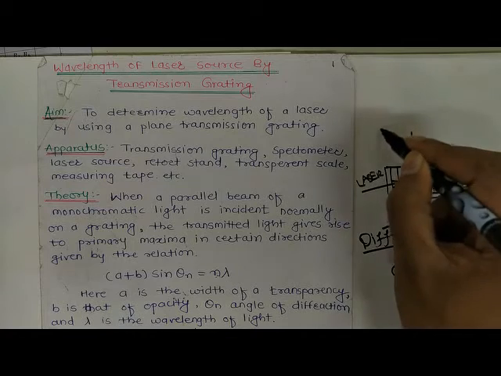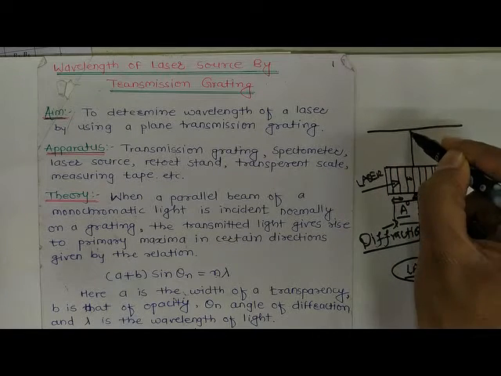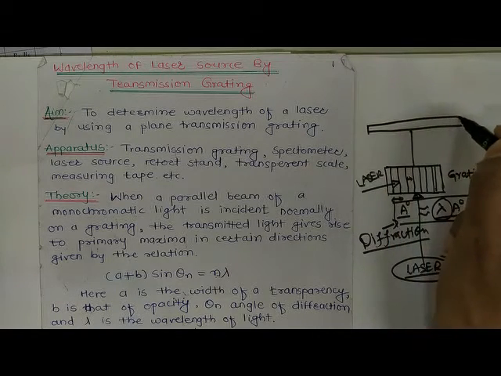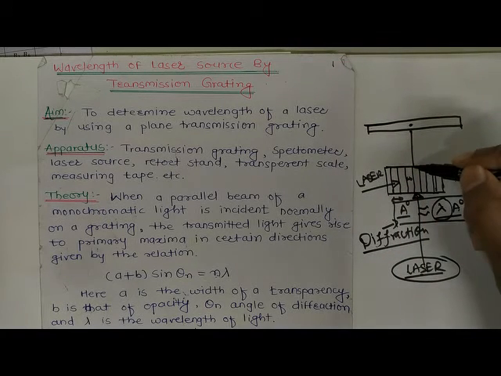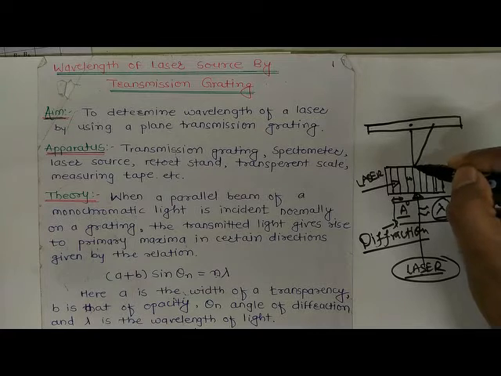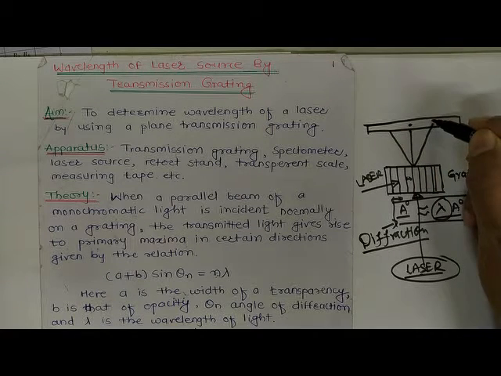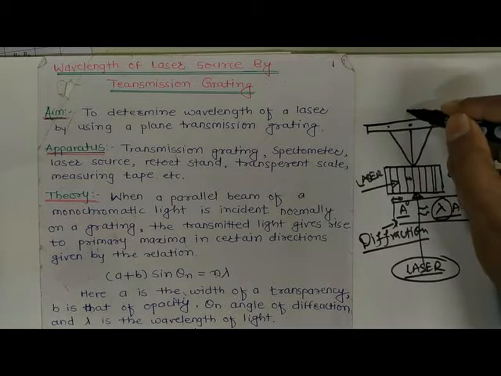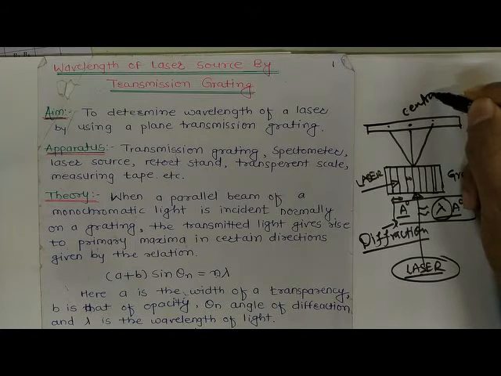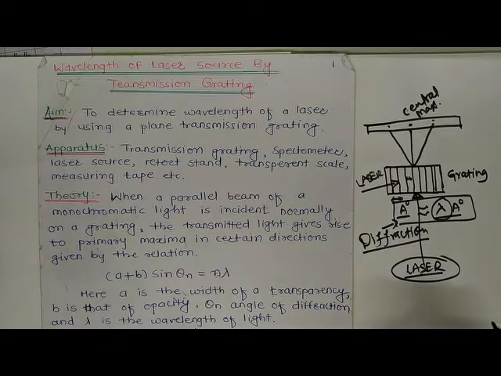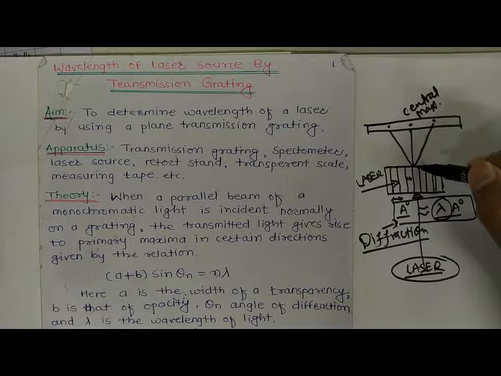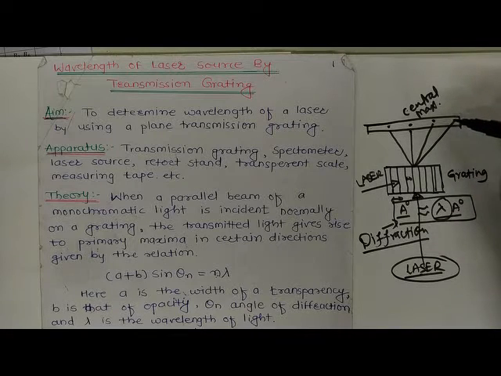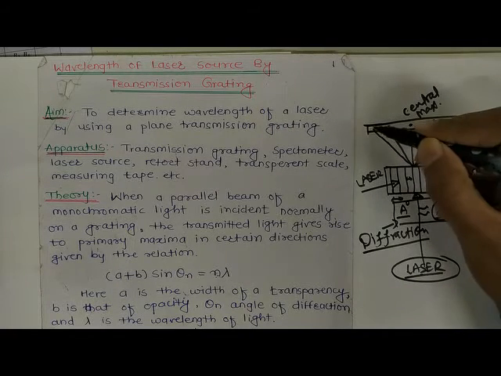Now let us consider we attach a screen on which we will find the spots. Along with the central spot, called the central maxima, we will find different spots on either side. We have the first order pattern on both sides, and again the second order pattern on either side of the central maxima.